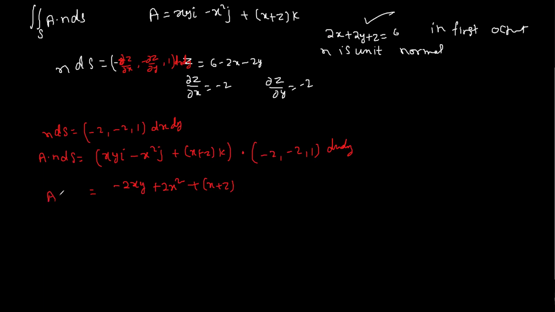Since this is a double integration, you cannot use three variables. That's why you have to replace the value of z. z is 6 minus 2x minus 2y. Okay, so finally you are getting 2x square minus 2xy minus x minus 2y plus 6. Okay. Now solve this.